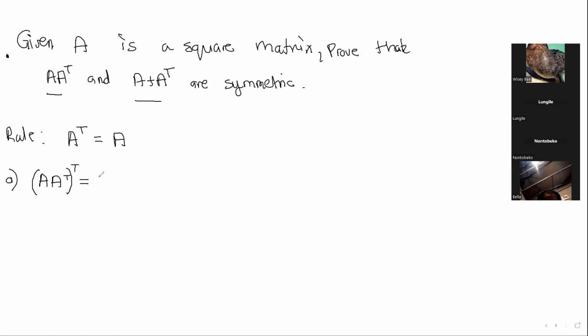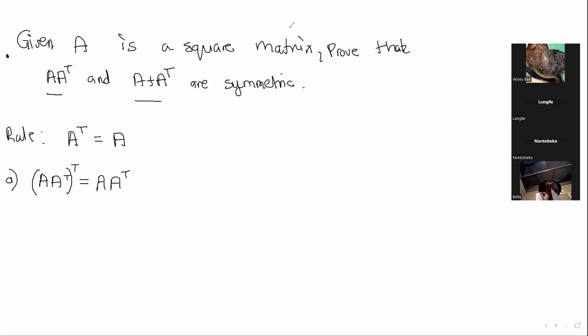We should get the same thing, yeah, we should get AT. This is what we need to prove, but you can't just say this and then this. You have to show some steps, right?